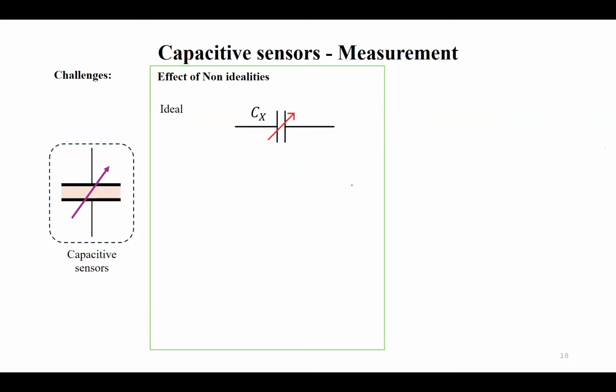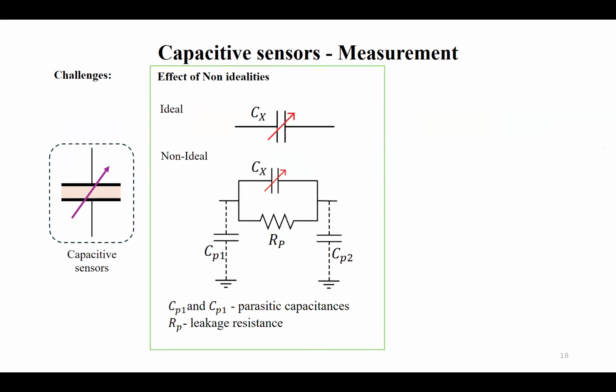But when we come to a practical application, like a biomedical application or any application, though we know the capacitive sensor is a variable capacitor ideally, in the non-ideal case it's not like that. In the practical case, the sensor is not a single capacitor Cx, it has some non-ideal elements.